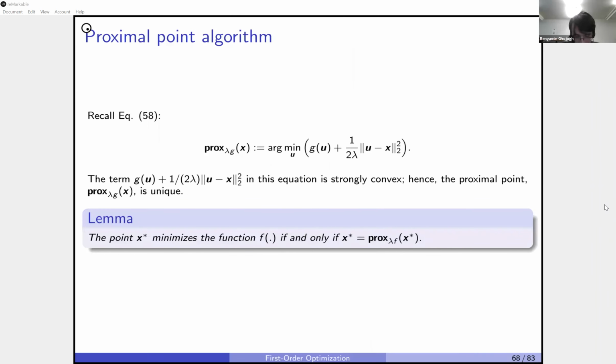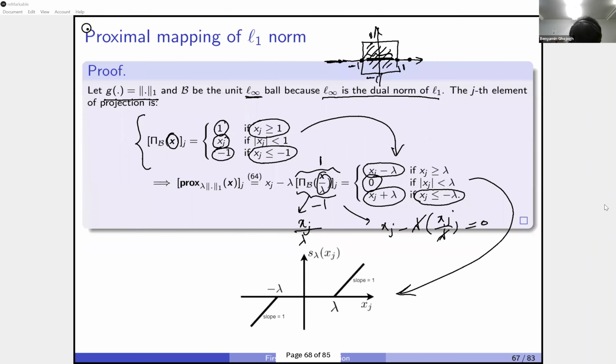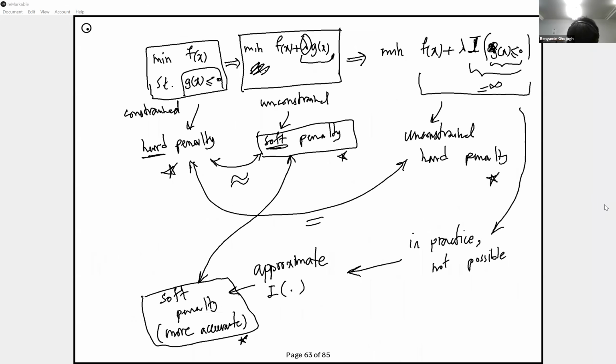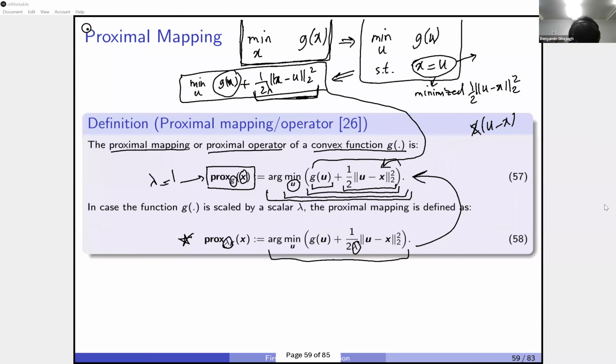Okay, now let's go a bit faster to finish the proximal methods, and then we'll have a break. So, proximal point algorithm. Recall equation 58, the definition of proximal mapping with parameter lambda.